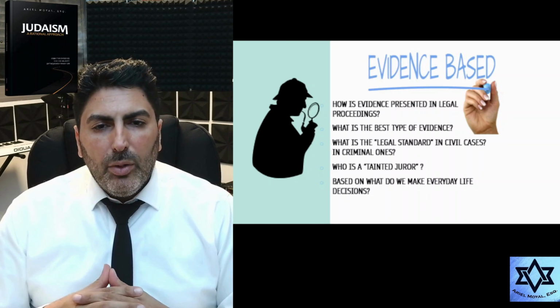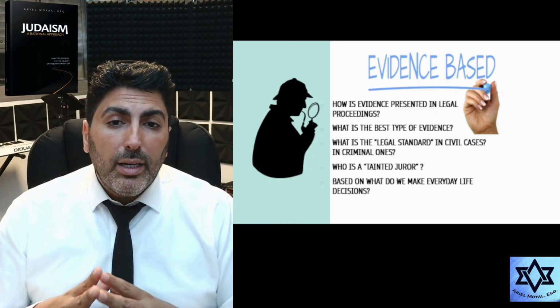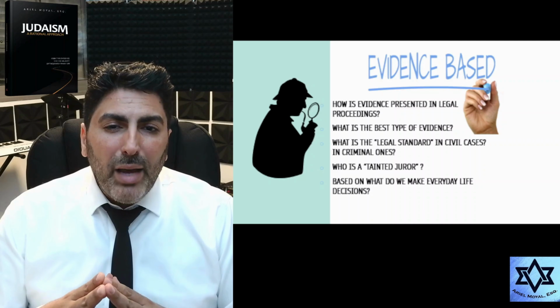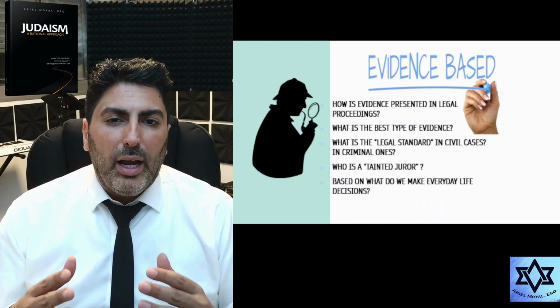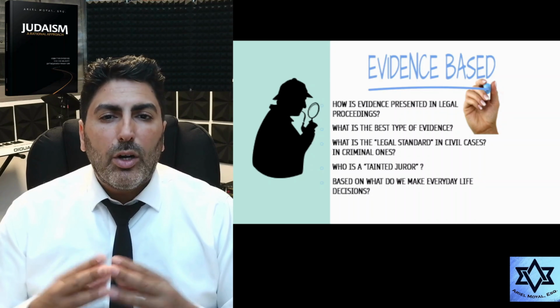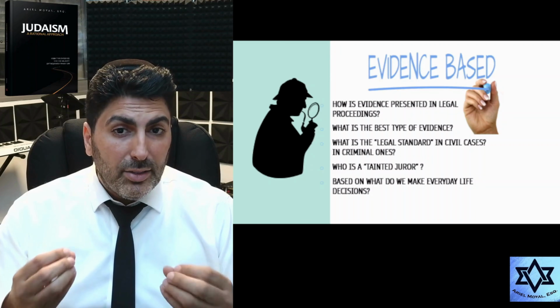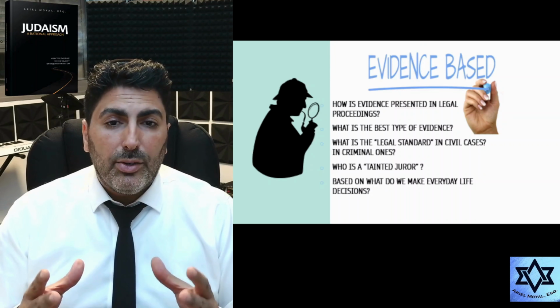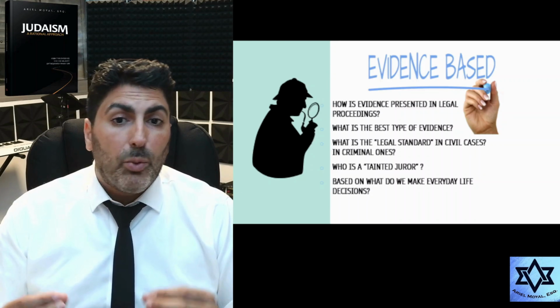Most of the time, we don't have some type of smoking gun evidence in a trial, because if there was such a piece of evidence, the matter usually would not get to trial. There would be some kind of plea bargain made. So we get to trial when there are questions of fact that are in dispute, whether a person committed a certain act or did not commit a certain act when they were supposed to or when they weren't allowed to.